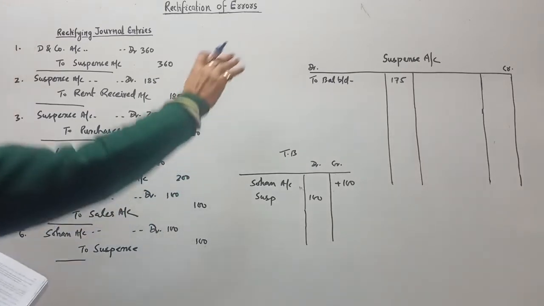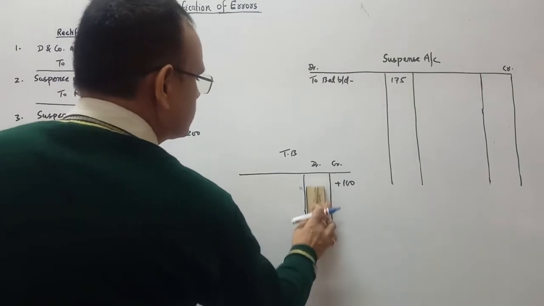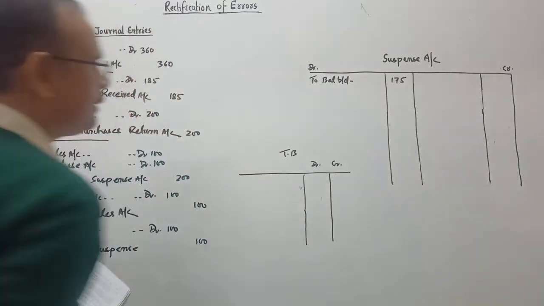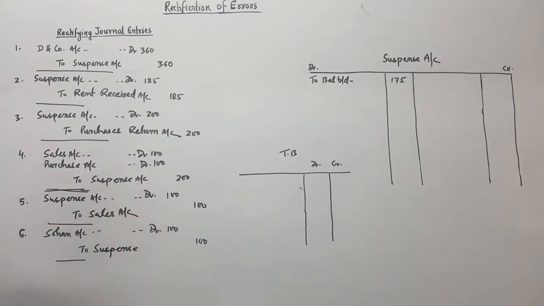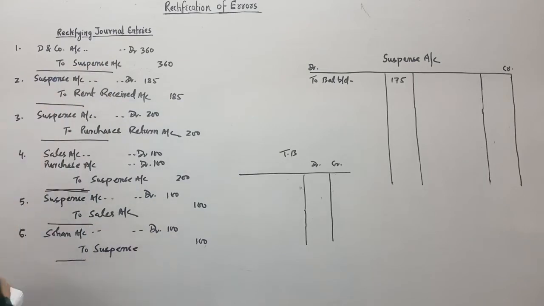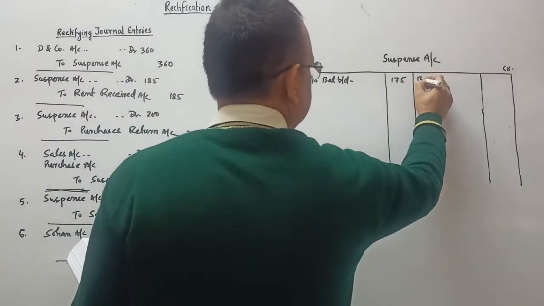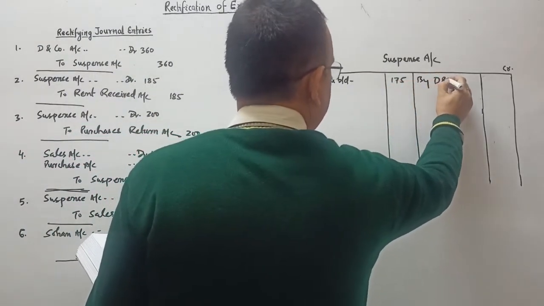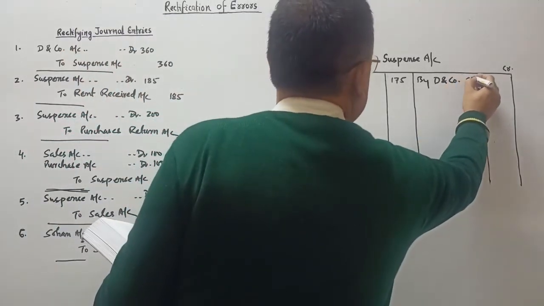Now do the posting in the suspense ledger and see whether it tallies or is still in disagreement. Suspense is in credit in this journal, so we'll do the posting on the credit side, by D and company 360.